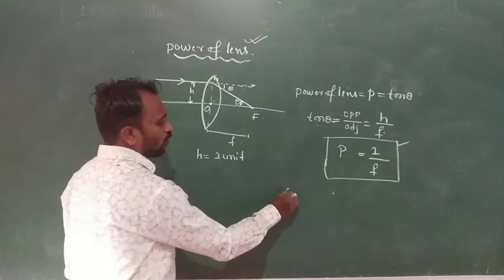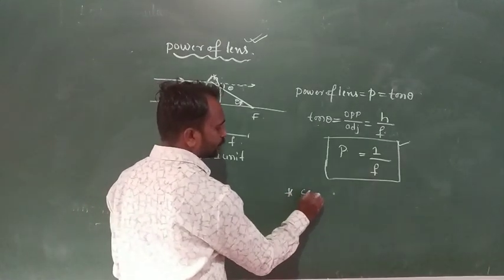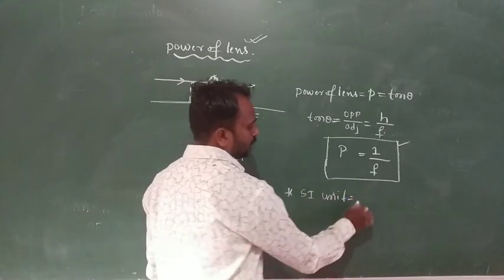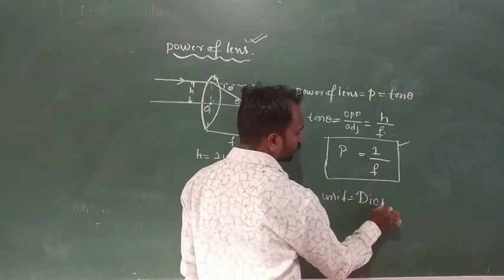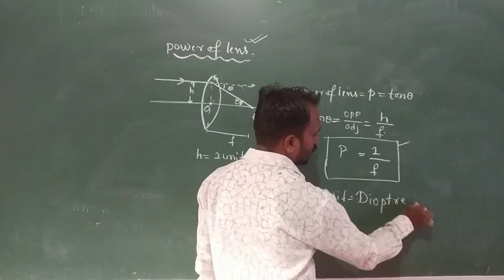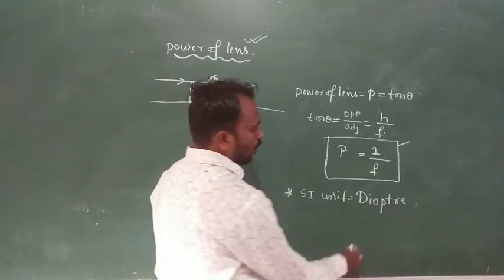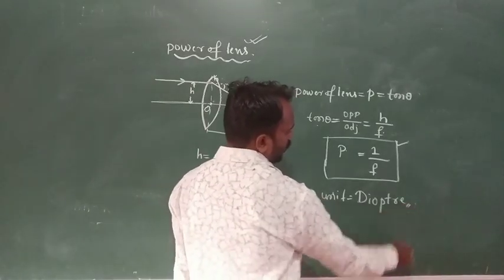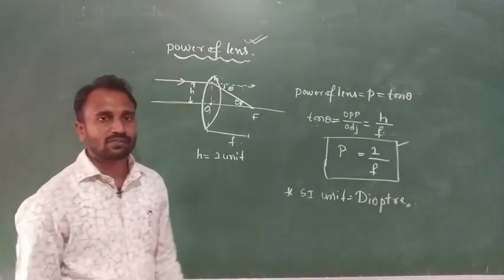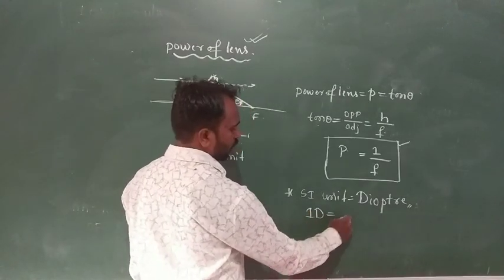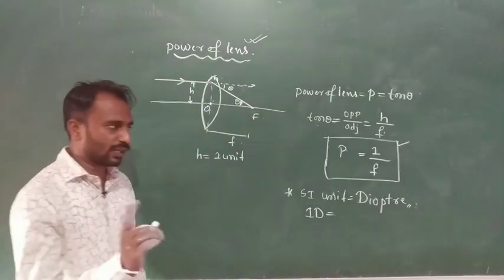Okay, the SI unit of the power of a lens is the diopter. So the diopter is the SI unit of the power of a lens. Suppose the power of a lens is 1 diopter.